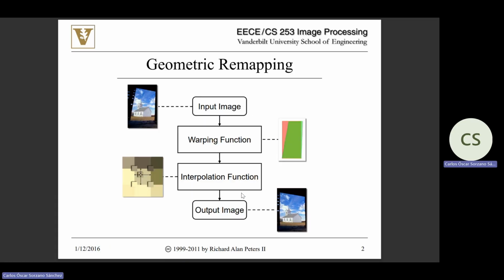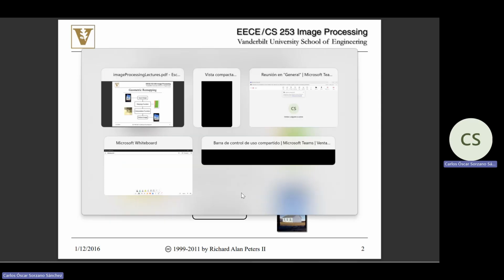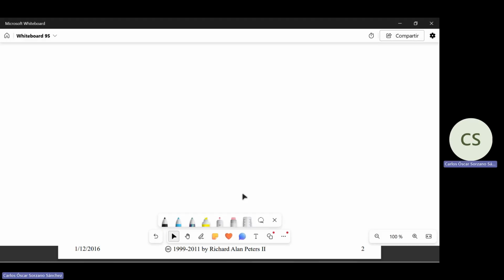So the idea is you have an input image, and then you have some warping function. The warping function is a function that tells you each coordinate in the input where it should go in the output. We can go both ways, actually. Let's say that you have an input image here.